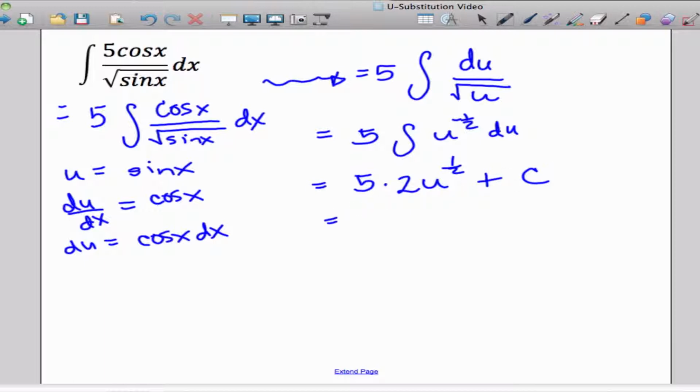Okay, so this means we have 10 times the square root of u plus c. Okay, last step is to plug back in what u is in terms of x, and remember that we said u equals sine x. So our integral is 10 times the square root of sine x plus a constant.